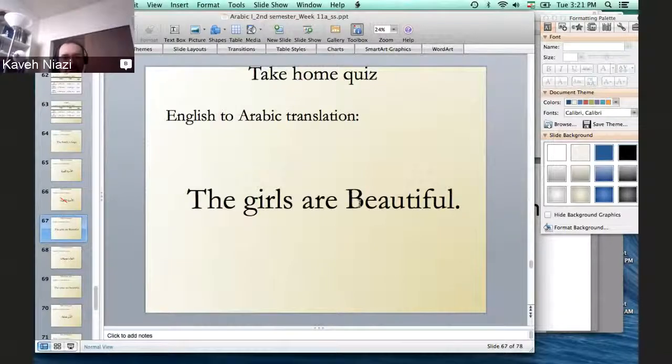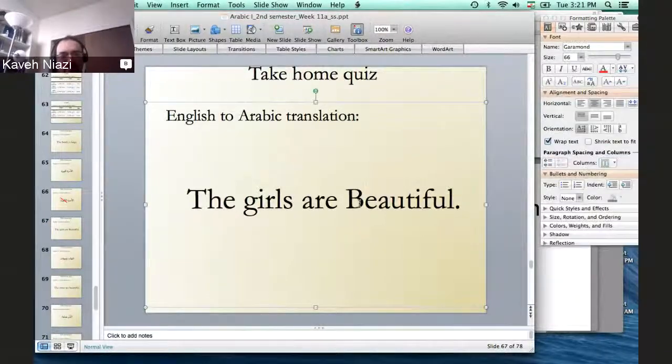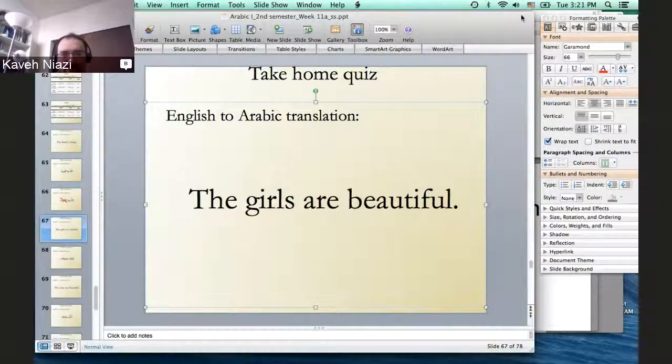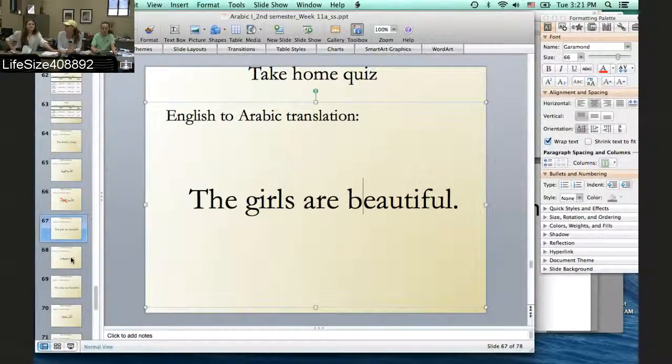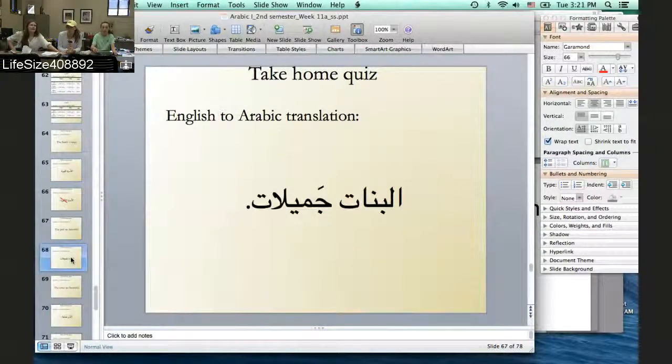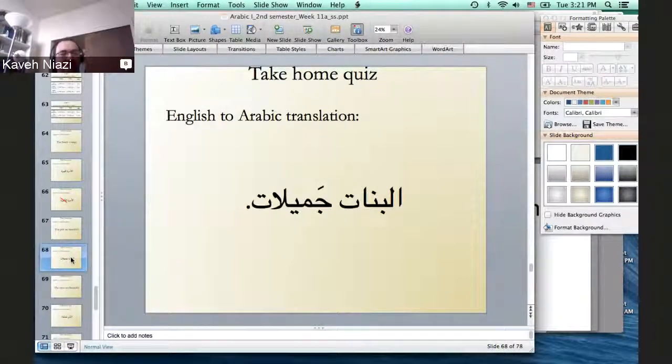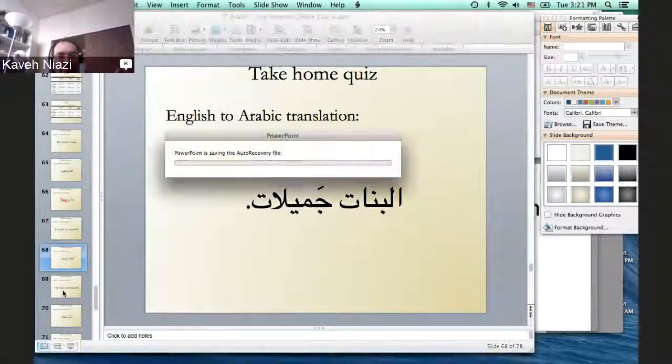This actually was not in the test, but. Al-bint jamila. That would be the girl is beautiful. Very nice. But I want the plural. So it's going to be al-banat jamilat, right? I want to make sure that the predicate agrees in number and in gender.